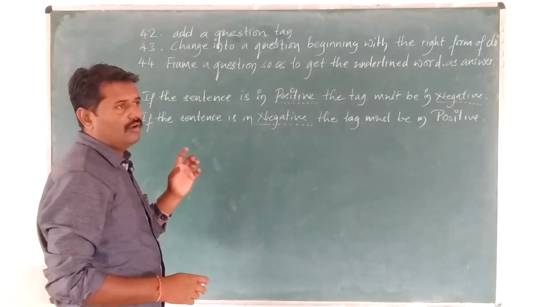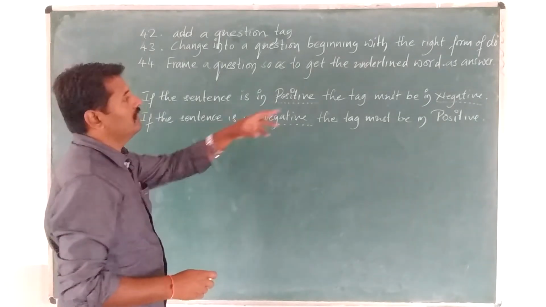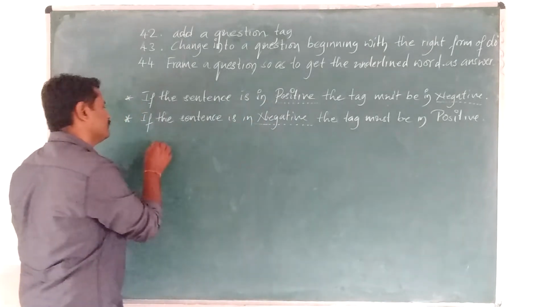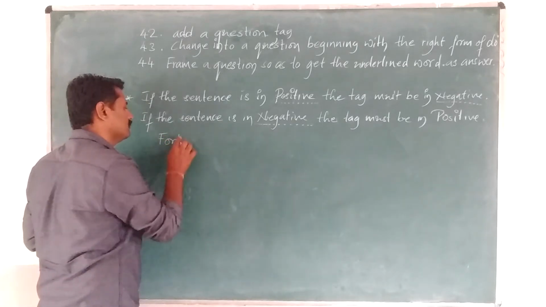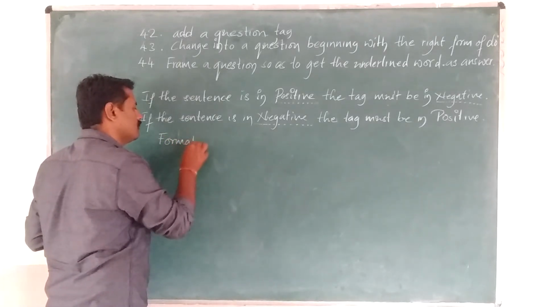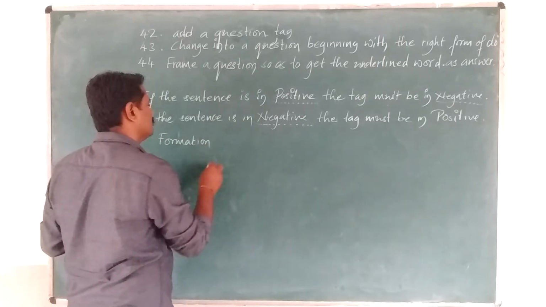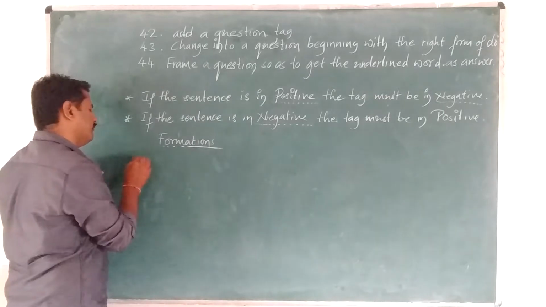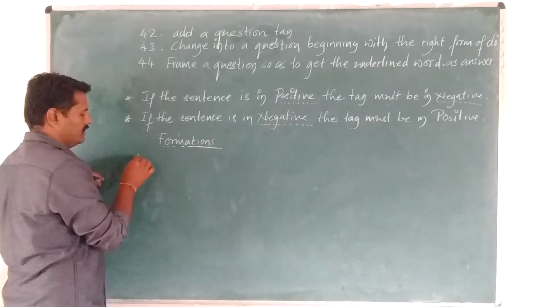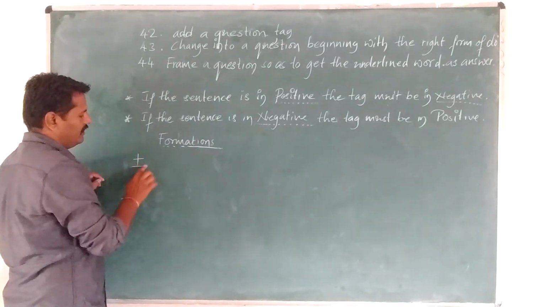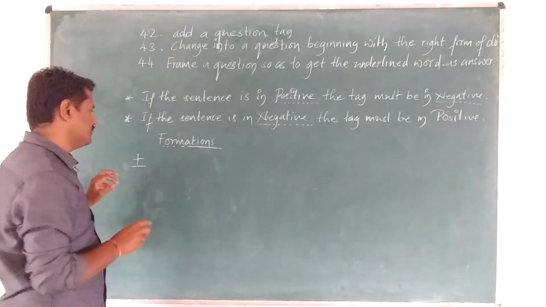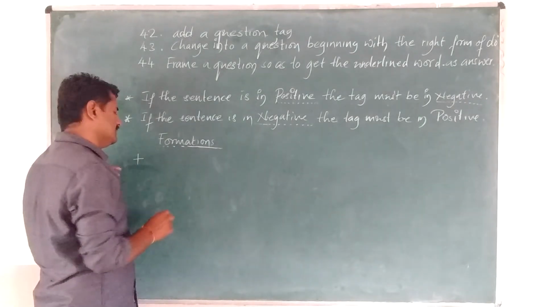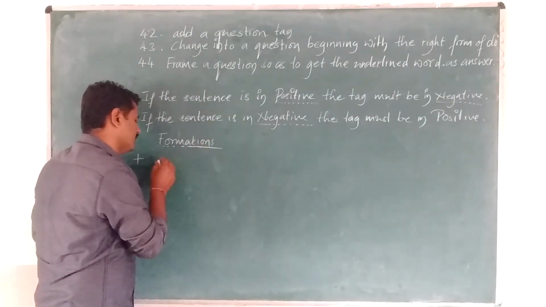So how to write, or what is the formation of that negative tag? Negative tag formation. So if the sentence is in positive, I note positive statement with a plus symbol. If the sentence is in positive, the tag must be negative.